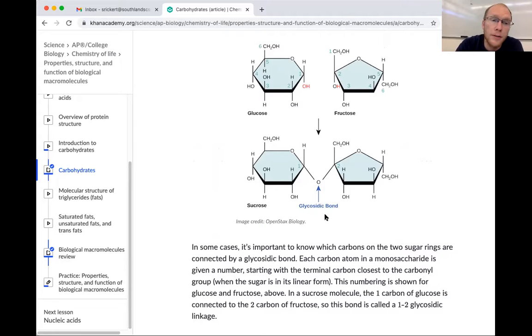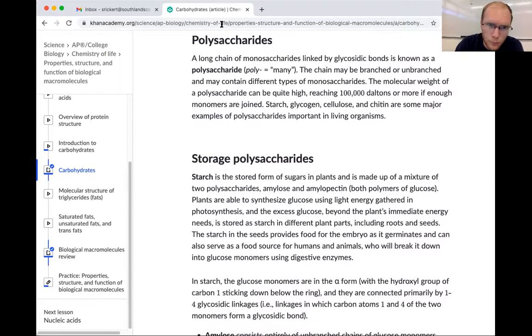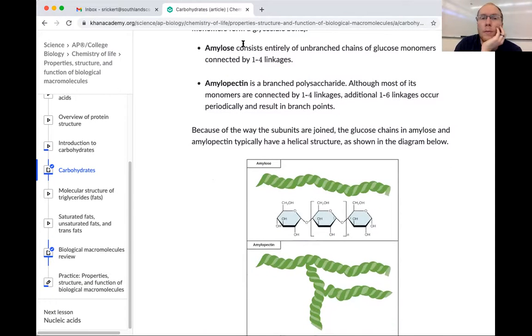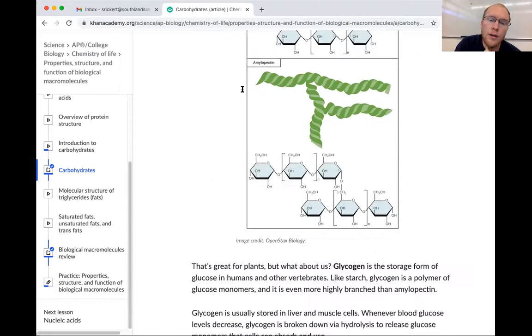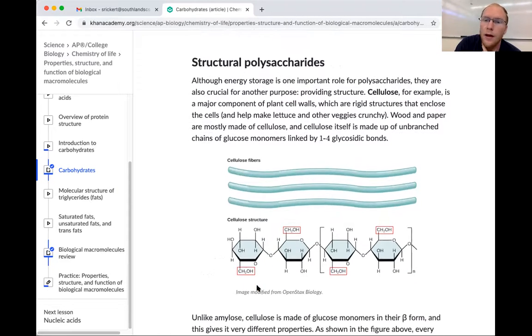All of these different polymers are bonded together by different covalent bonds, and based off of the chemistry of it, it's going to be useful for different chemical structures. For example, when you make a very long chain of these, it can be used to make amylose, amylopectin in humans, or it can be used to make cellulose, which is made out of glucose monomers.